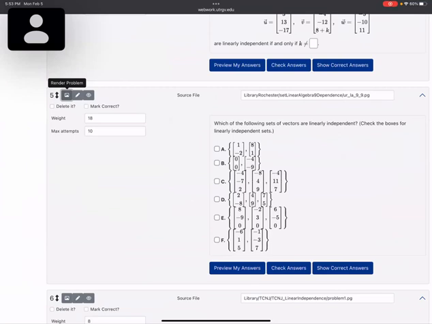So you have different examples here. Which of the following sets of vectors are linearly independent? So I'm trying to think of a fast way to do this. Let's check it out. Let's see.